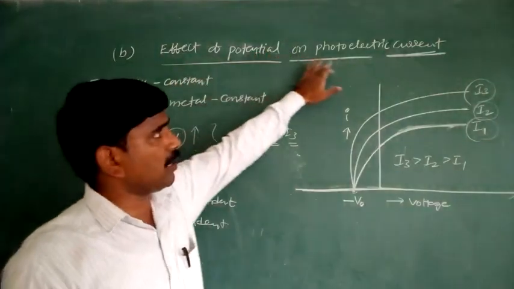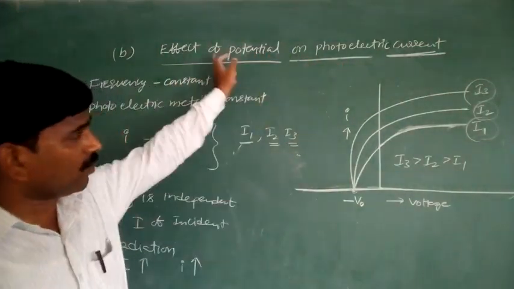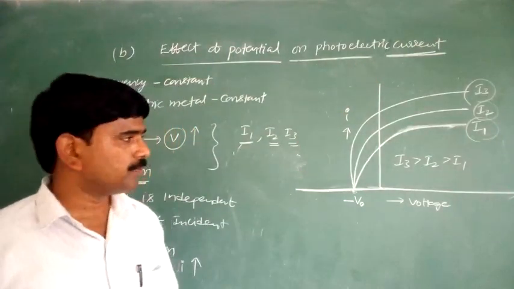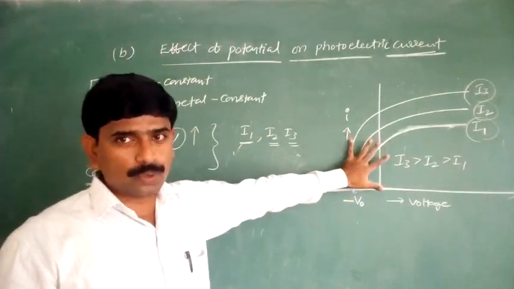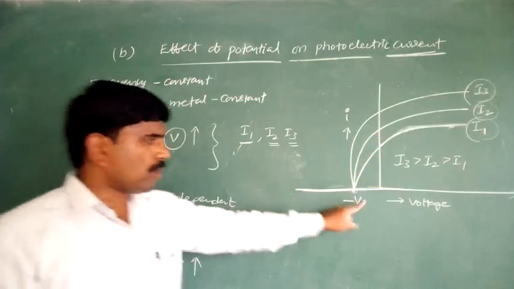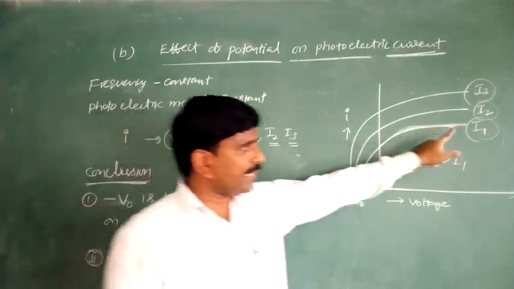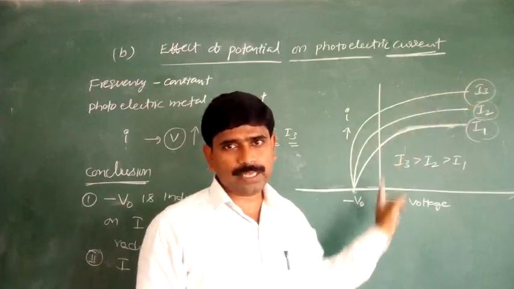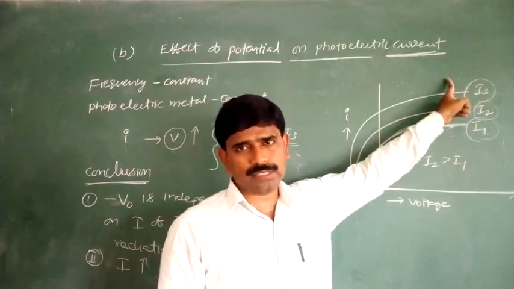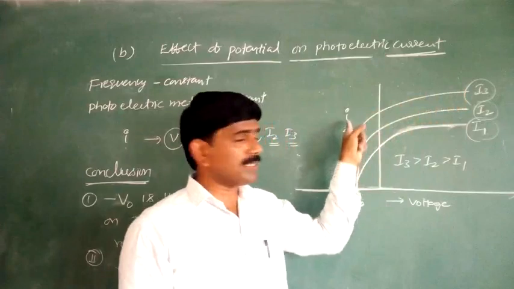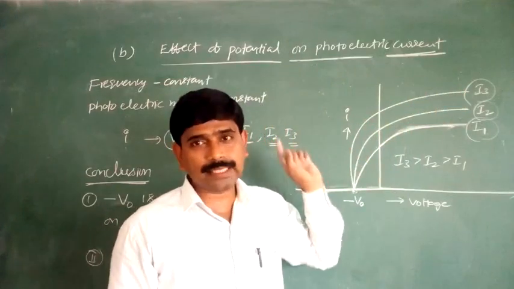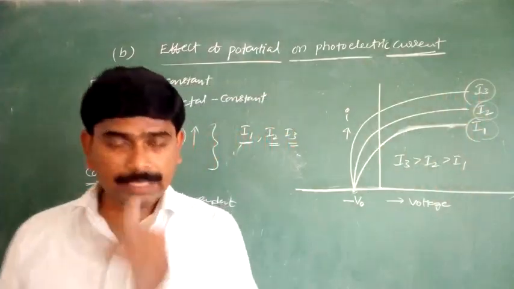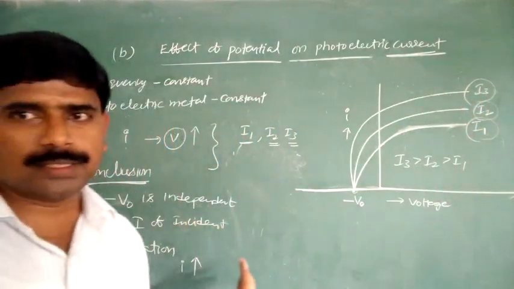Effect of potential on photoelectric current. What are the conclusions from this one? Stopping potential is independent of the intensity of incident radiation, but saturation photoelectric current increases with respect to the intensity of incident radiation. Those are the two conclusions from the second concept.